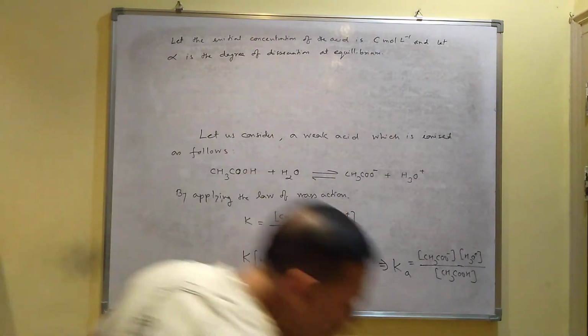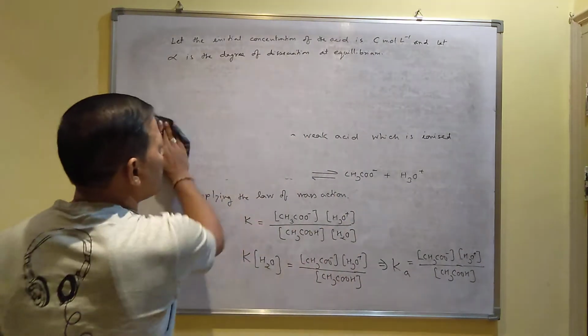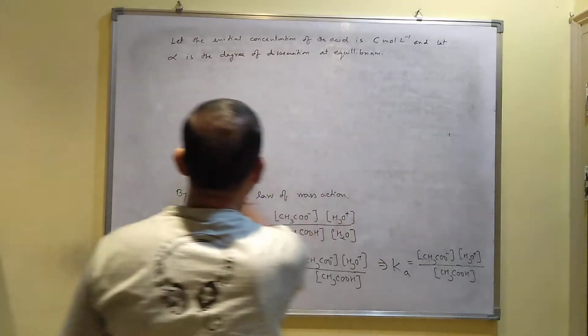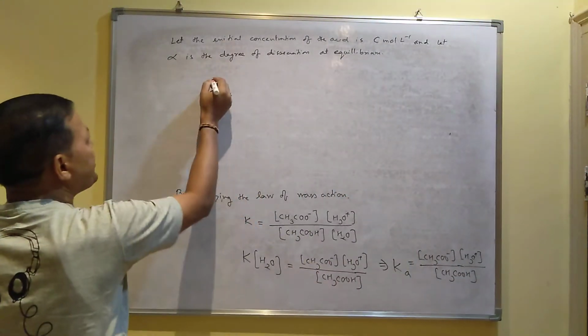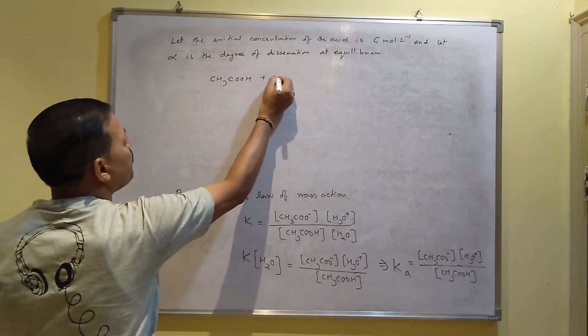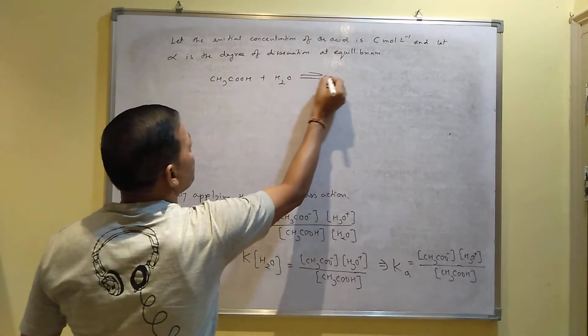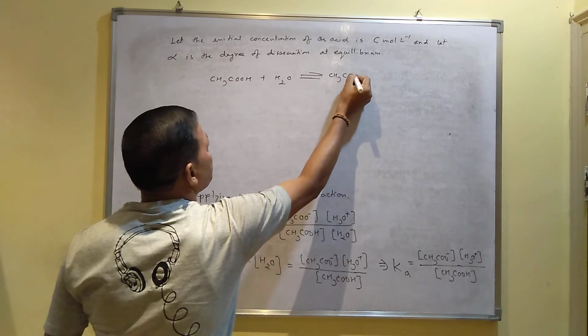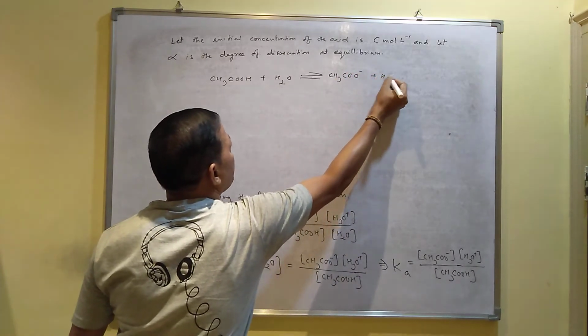Okay. Now, our acid is acetic acid, CH3COOH. When it dissolves in water, it produces two ions, acetate ion CH3COO minus and hydronium ion.